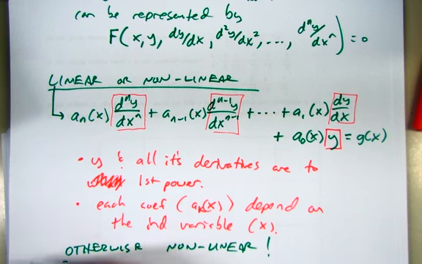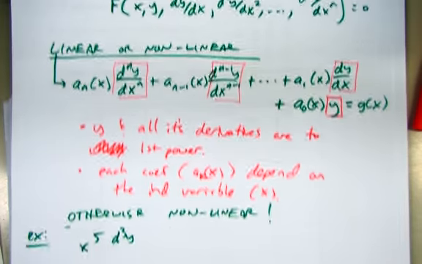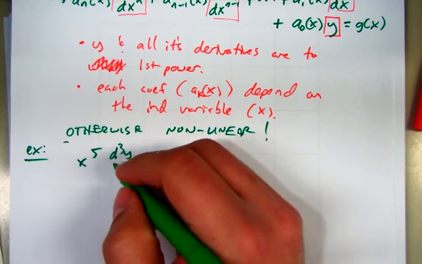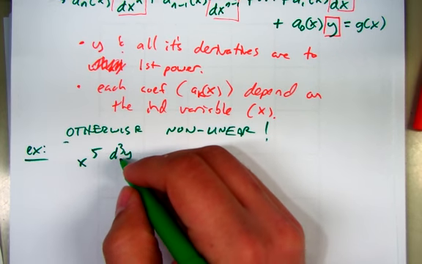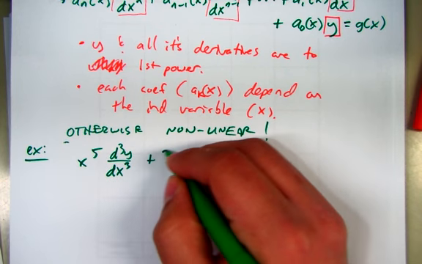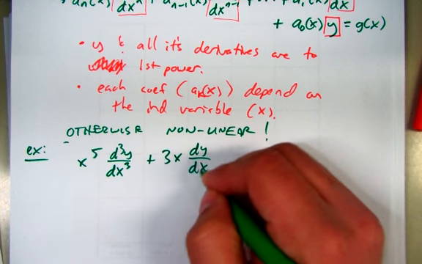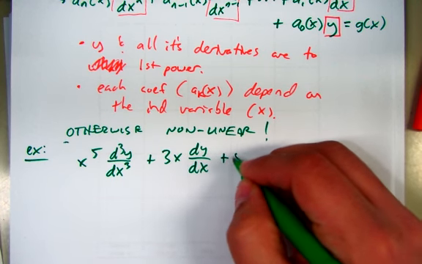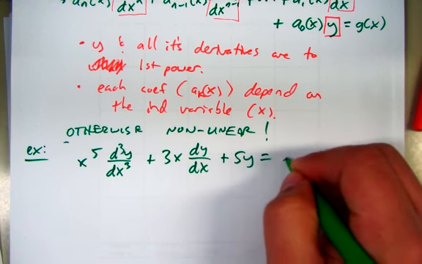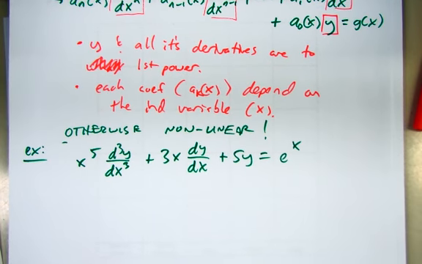Let's just try a couple of classification problems real quick. Let's say I have x to the fifth times d cubed y over dx cubed plus 3x times dy/dx plus 5y equals e to the x. Okay, so first, what order is this?